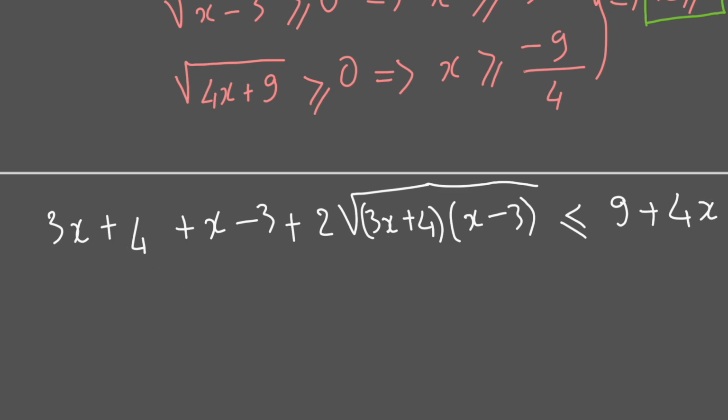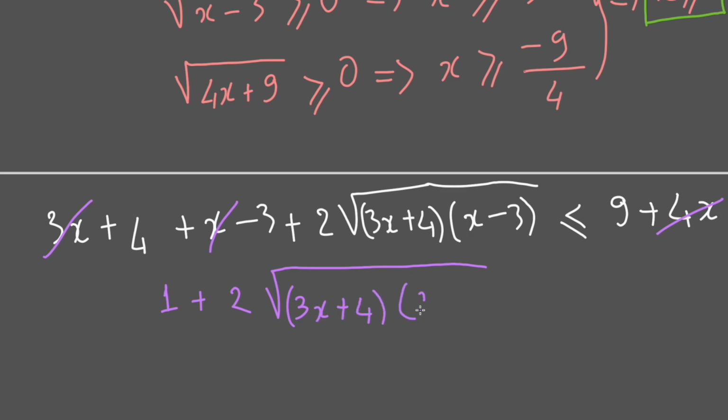And we can simplify this and this. From this we have 1 plus 2 square root of 3x plus 4 multiplied by x minus 3 smaller than 9.